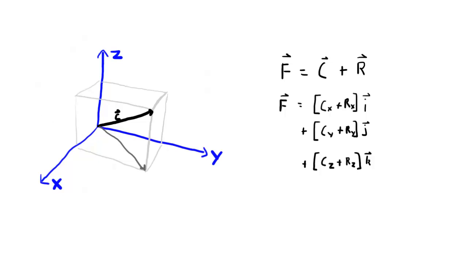So for example, sometimes we're given the coordinate angle that the vector makes with one of the axes, in this case z, but instead of being given one of the other angles that the vector makes with an axis, we're instead given a projection of the vector in 3D space onto a plane created by the other two axes and the angle that that projection makes with one of the axes. So in this case, we might be given theta, the angle that the projection makes with the x direction.